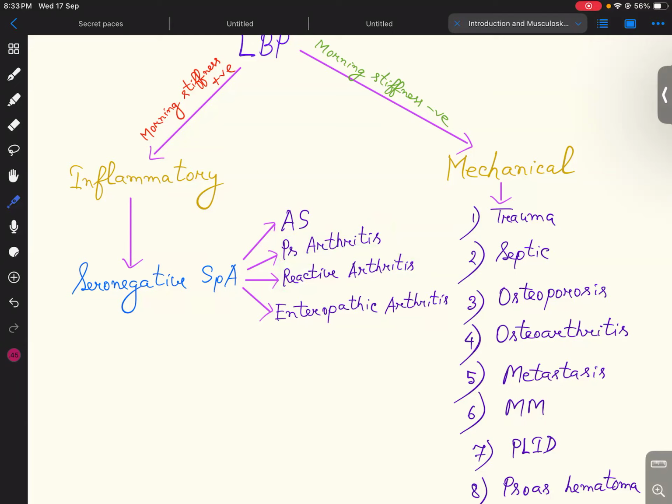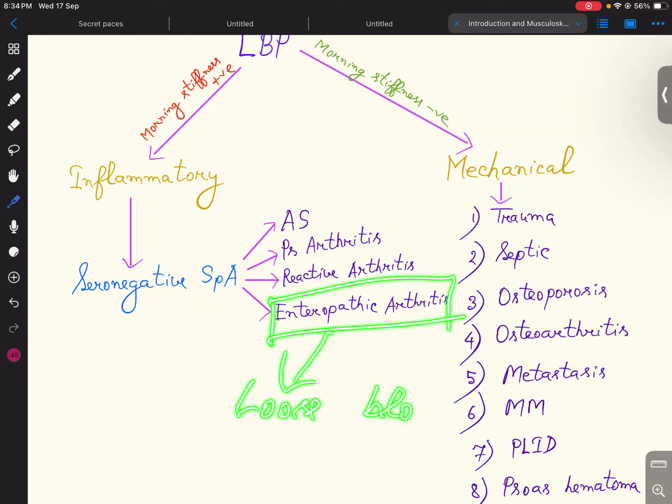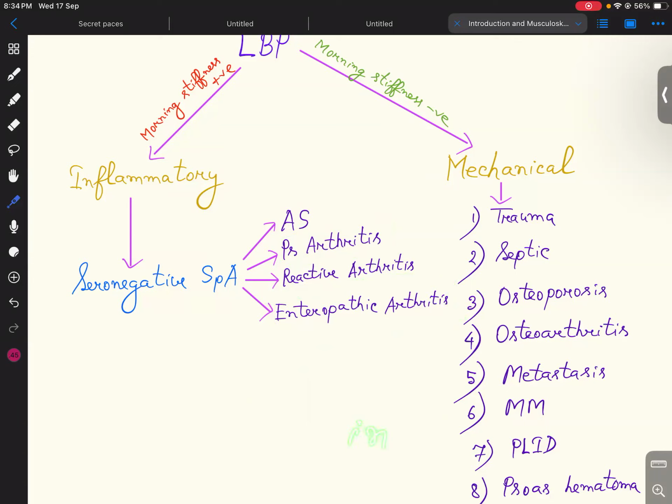And you have to take history, whether there is any history of casual sexual contact. And for enteropathic arthritis, you have to ask about the bowel habit. Any loose motion, any blood in the motion. You have to ask separately. That will make an impression on the examiner that you are excluding Crohn's disease and ulcerative colitis. So any loose motion or any blood in the motion.